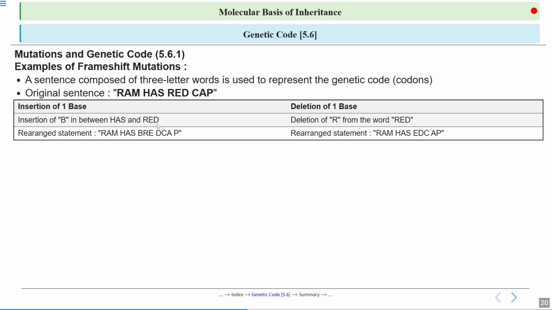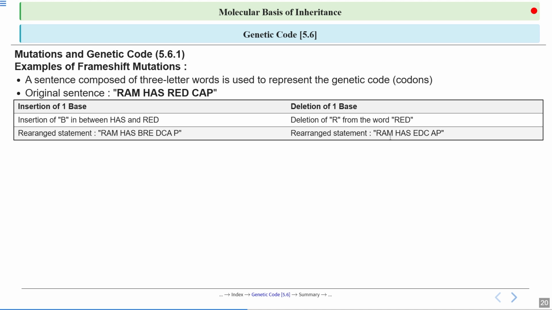Now we will try to break it into groups of three.